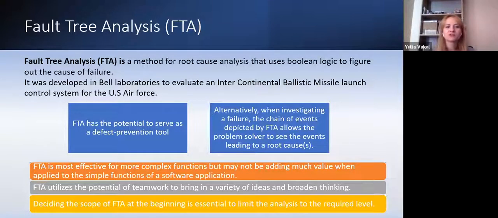FTA utilizes the potential of teamwork to bring in a variety of ideas and broaden thinking. Yeah, that's what we do with almost all techniques. Also, deciding the scope from the beginning is essential. I think it's essential for every technique, but for this one in particular it's important.